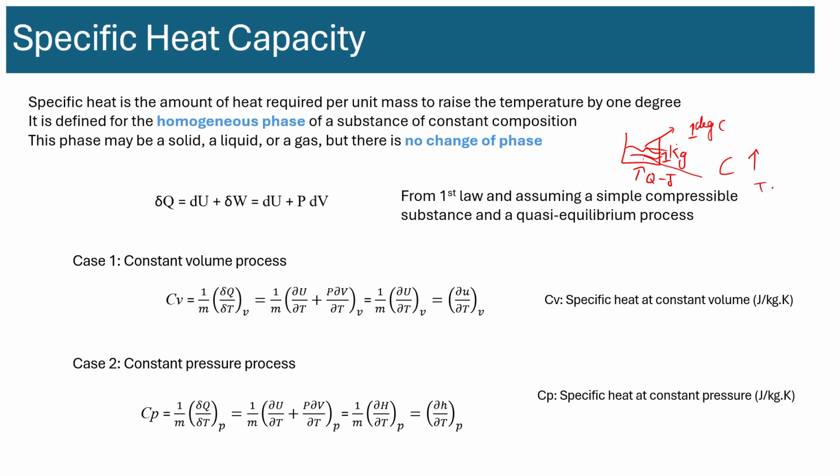Temperature will increase slowly. If the C is low, then the temperature will increase fast. Okay. All right. So if you need only a small amount of Q, it means that the C is low. How's that defined? It's defined for two particular scenarios, for constant volume and constant pressure processes.